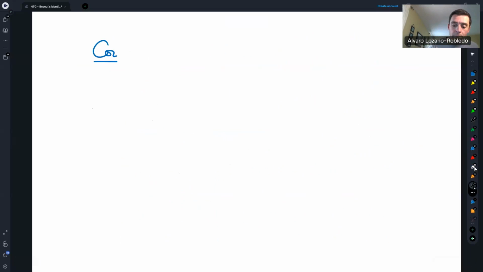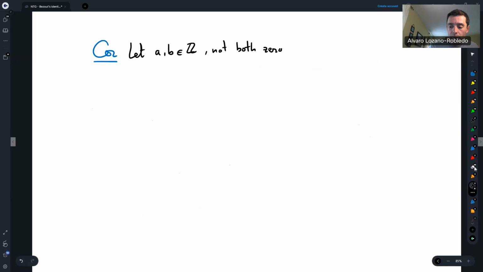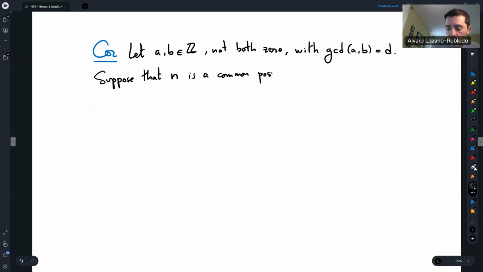Let A and B be integers, not both 0, with, let's say, the GCD of A and B being D. And suppose that N is a common positive divisor of A and B. Then N is a divisor of D.